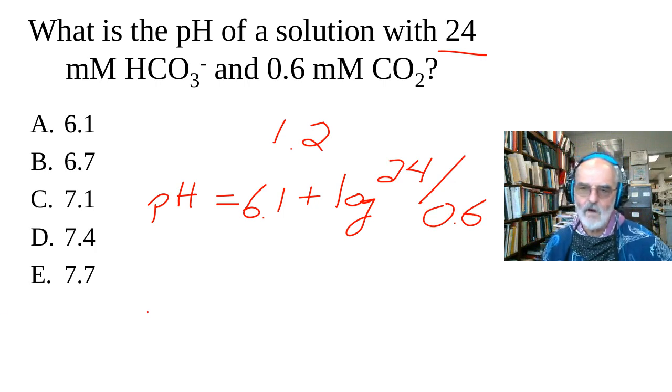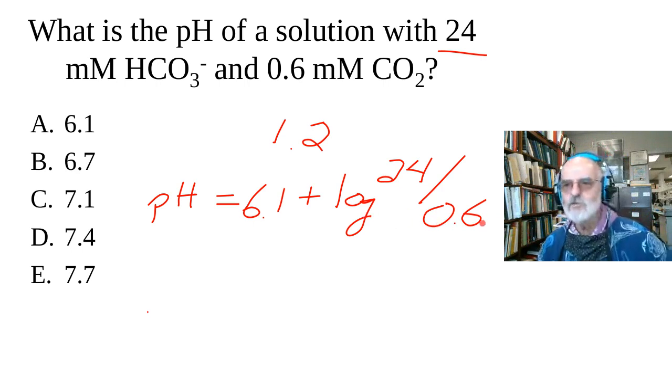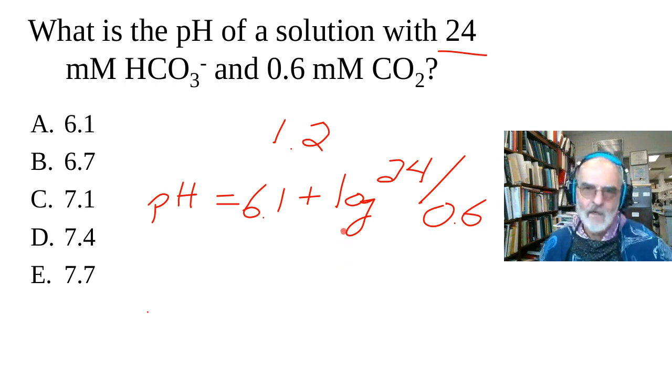Now, the normal ratio over here was 20, and we lowered this by a factor of 2. So this now is going to go up to 40. Or it's going to be the log of 2 times 20, or it's going to be the log of 2 plus the log of 20.